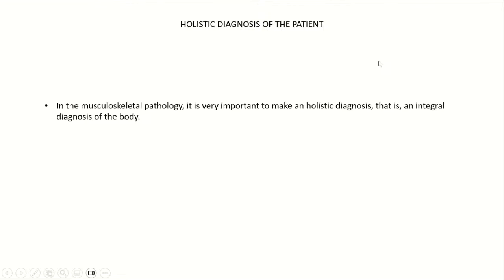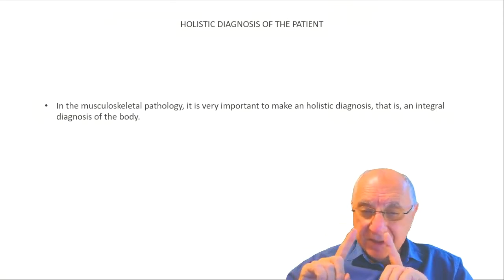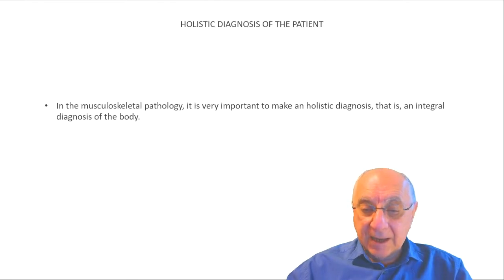In these cases, it is very important to do a holistic diagnosis. Don't forget it. When we are seeing just one part of the body, it is no good. In neuromuscular skeletal diseases, we have to see the whole body.